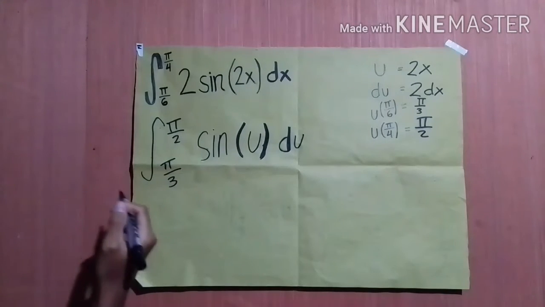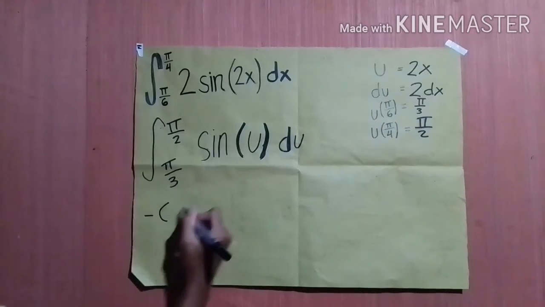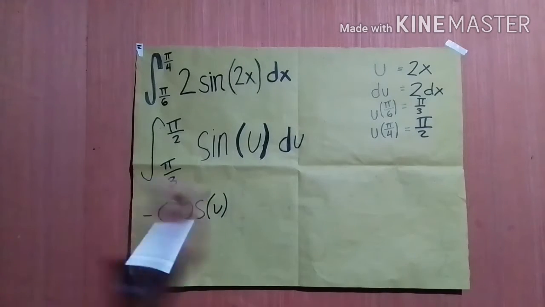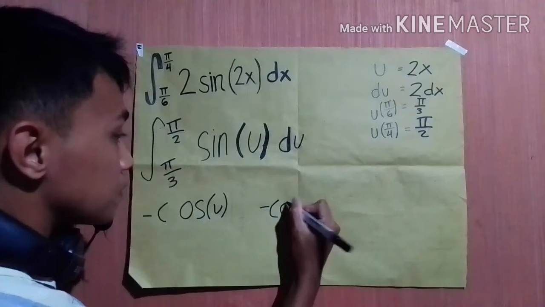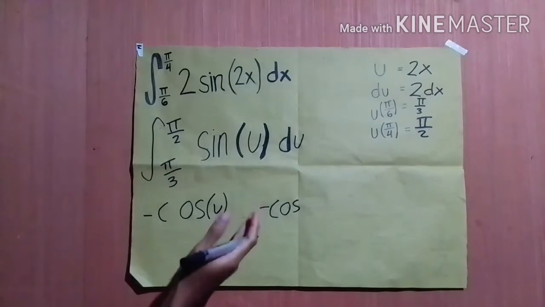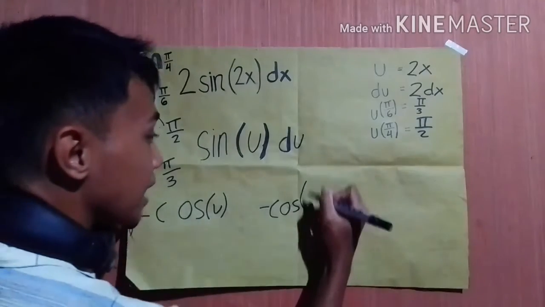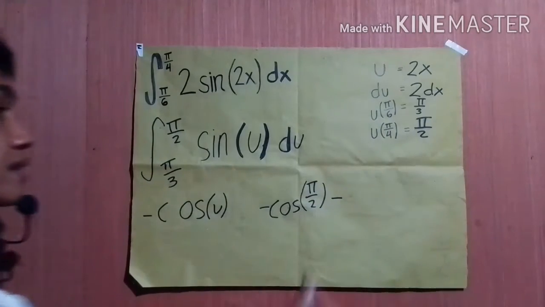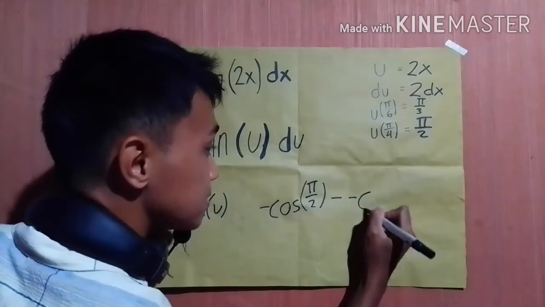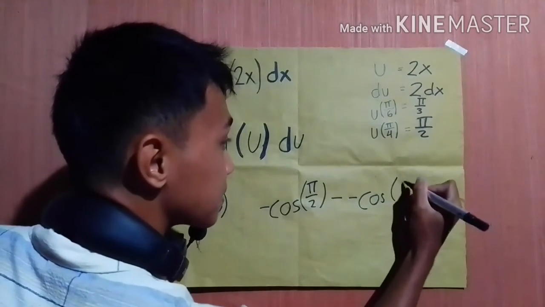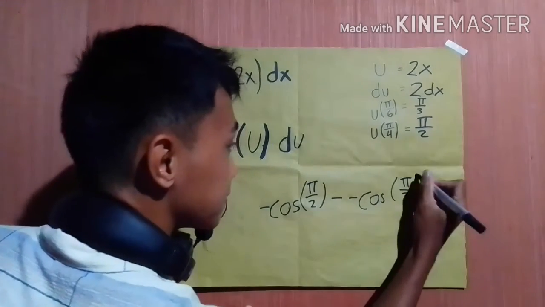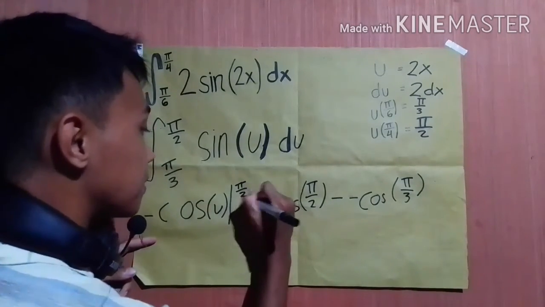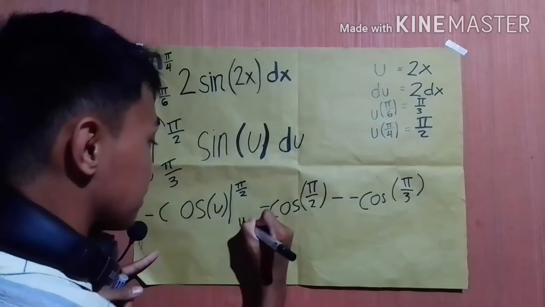So we integrate this to negative cosine of u, evaluated from pi over 2 minus negative cosine evaluated at pi over 3. So we put pi over 2 here and pi over 3.